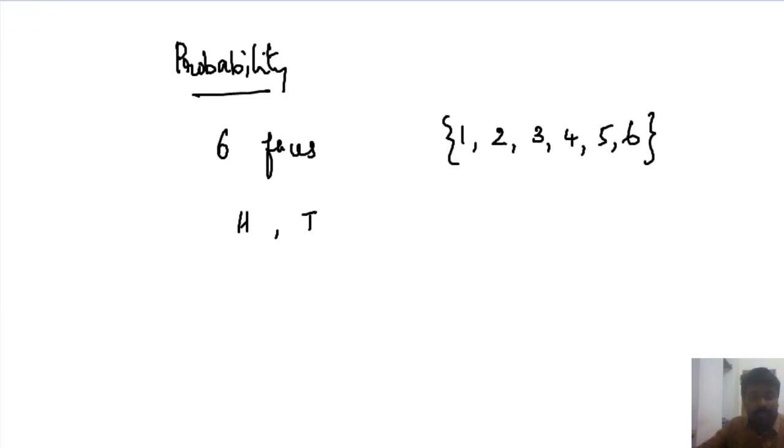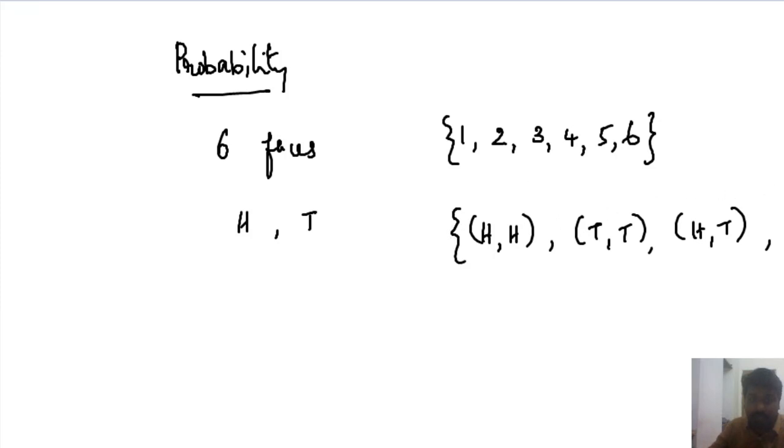So the results will be either two heads, or two tails, or one head and one tail, or first a tail and the second a head. These are the possibilities, and as I mentioned before, this is known as the sample space of this experiment.